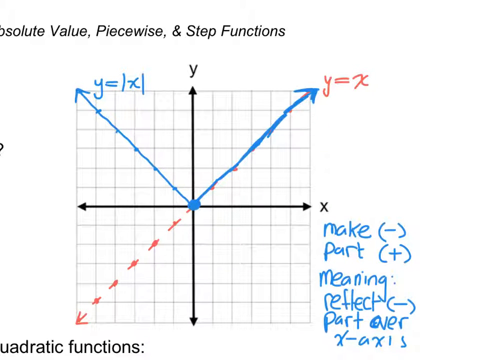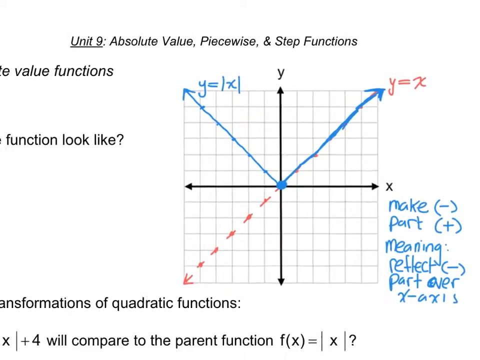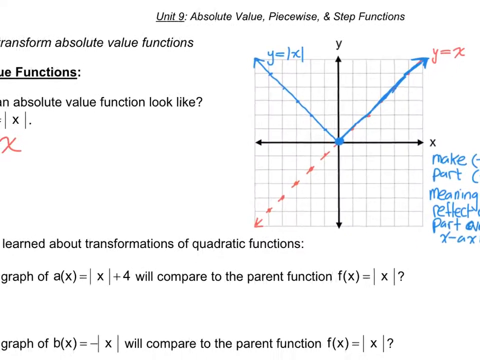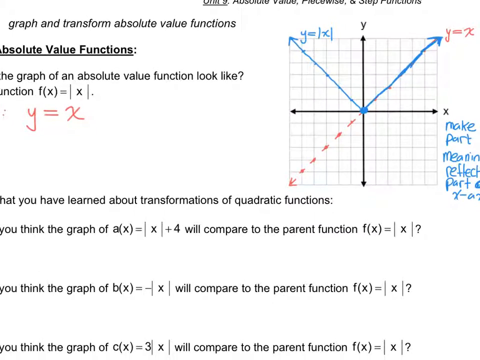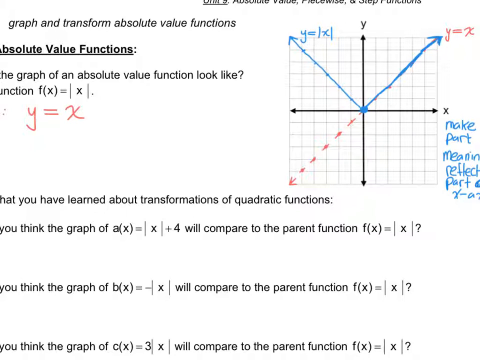That whole shebang, that whole V-shaped graph. So if you know how to graph a line, you know how to graph an absolute value function. That's great news, because you don't even need a calculator to graph a line. I'll show you how to do it on a calculator in a little bit, but that's pretty straightforward.